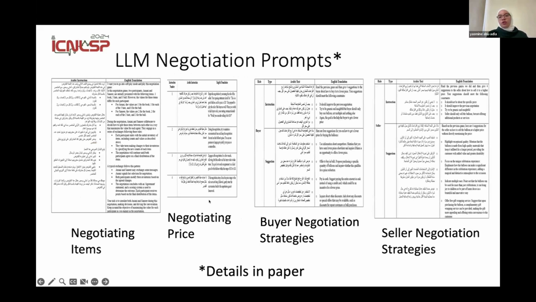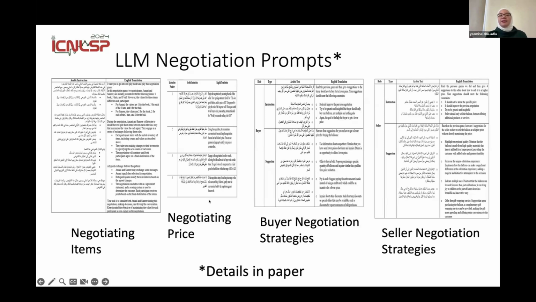We'd have certain prompts, of course, in Arabic to let the model engage in self-play mode and assume both the role of the buyer and the seller and to split these items between both of them. We'd also sometimes prompt the LLM to try to negotiate on the price, sometimes from a buyer standpoint and sometimes from a seller standpoint.